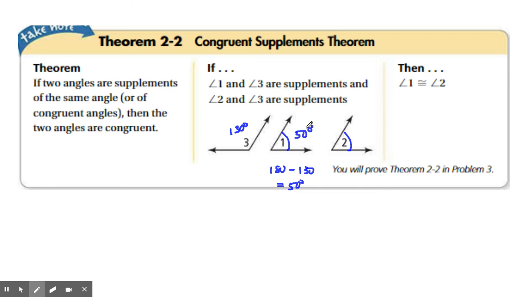Well, let's look at angle 2 and angle 3. What if angle 2 and angle 3 are supplements? Well, if angle 3 is 130, then angle 2 must be 180 minus 130. That's 50 degrees. Angle 2 must be 50 degrees. Oh, look. Angle 1 and angle 2 have the same measure, 50 degrees. They are congruent. Should make sense to you.